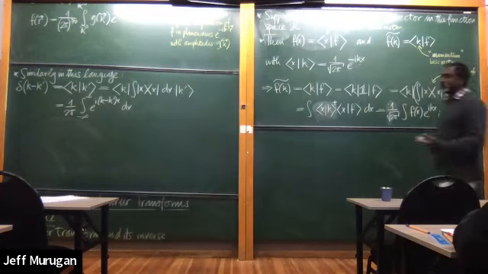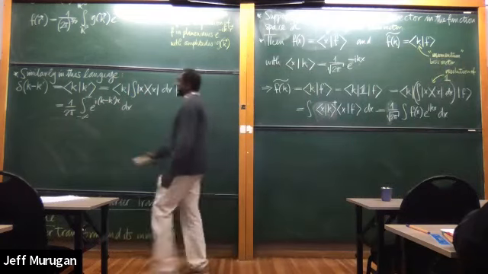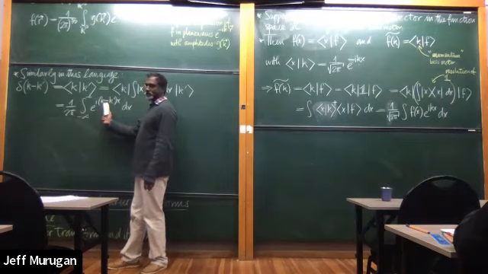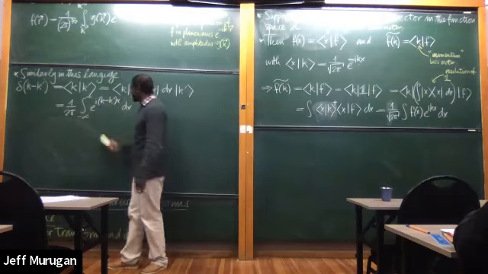And similarly, if you want to write an expression for delta of x minus x prime, you would exchange the role of x and k in the exponential.